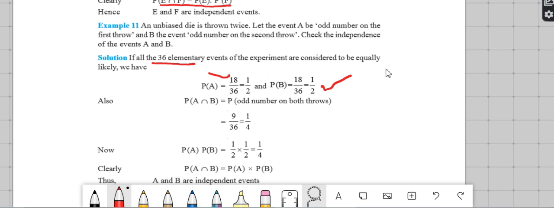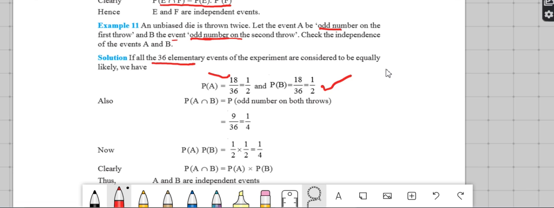Here it is an odd number, and the other half are even numbers. Both are odd numbers, so we don't have any problem finding it.